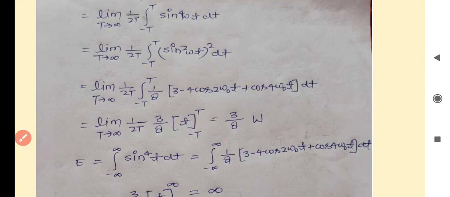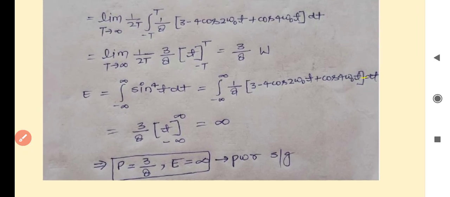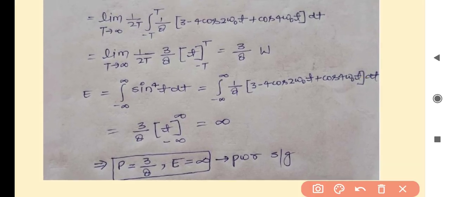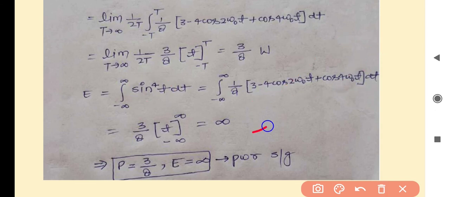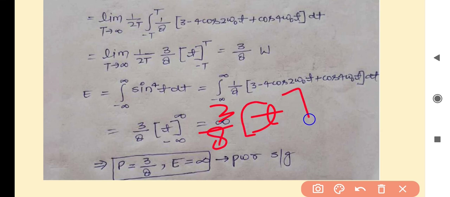Again, if we want to calculate the energy of this signal, this term is written like this as in the calculation of power. Then the integration of this term becomes 0, the integration of this term becomes 0, and the integration of the remaining part becomes 3 by 8 into t. 3 by 8 is a constant and it will come out of the bracket.